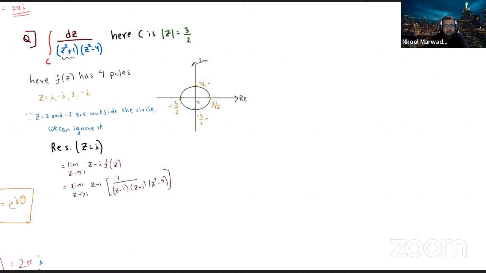So z minus i will cancel. What I have done is write z square plus 1 as z minus i, z plus i. So z minus i will cancel, and we get 2i and i square is minus 1, so minus 1 minus 4, giving 1 by minus 10. Yes, minus 1 by 10.